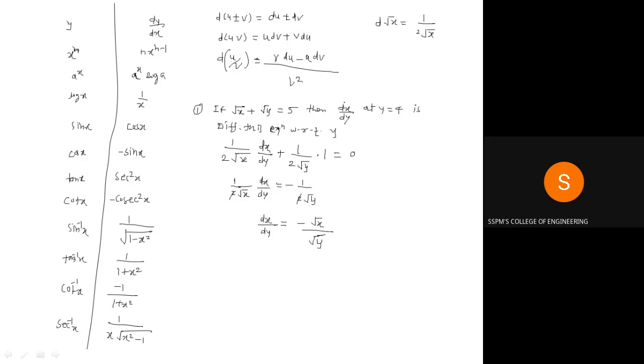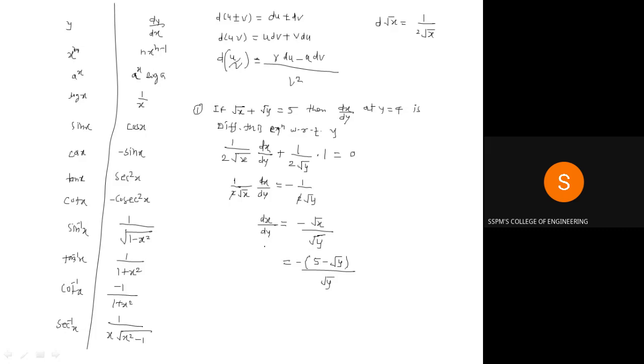But we need to find the value of dx by dy at y is equal to 4. It means that the value of dx by dy should be in the form of y. ये root of x होता है, तो root of x आप लोगों को y के फॉर्म में लिखना है. देखो, root of x is 5 minus root of y, so it is minus 5 minus root of y upon root of y.